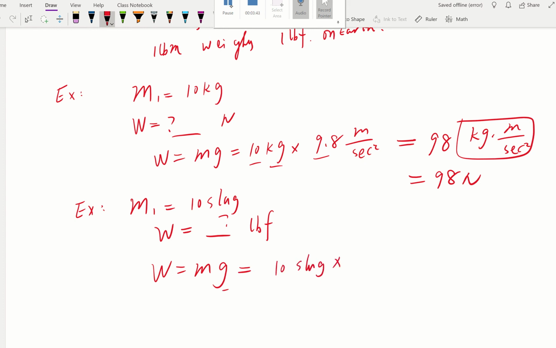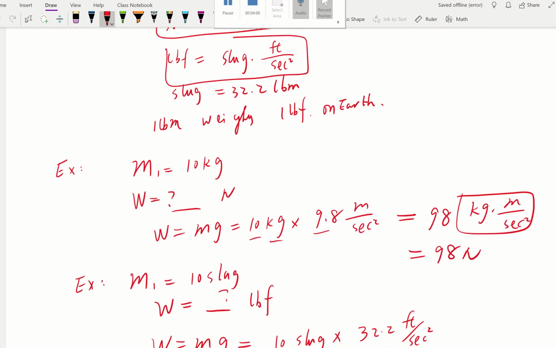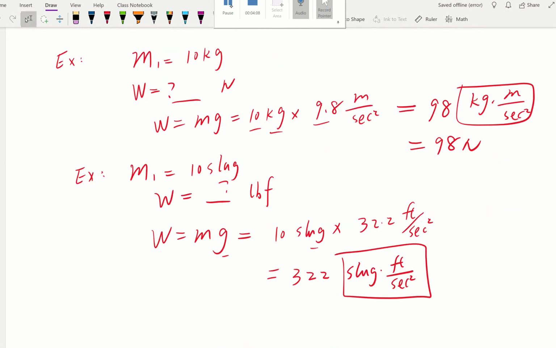However, here we are in a different system, so we use 32.2 foot per second squared. Again, look at our numbers, that's 322. And what is the unit? Slug times foot per second squared, that's our pound force. So the answer is 322 pound force.